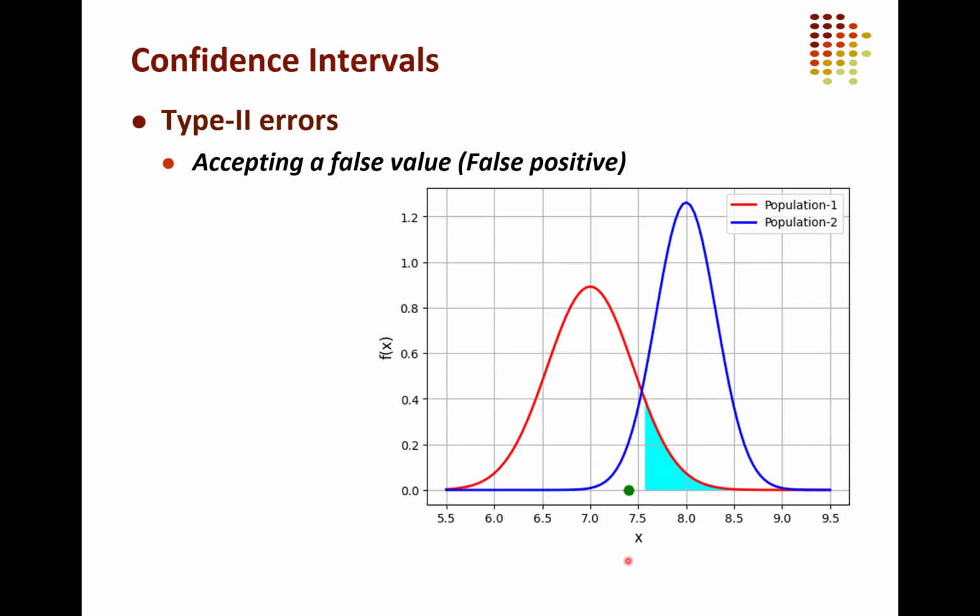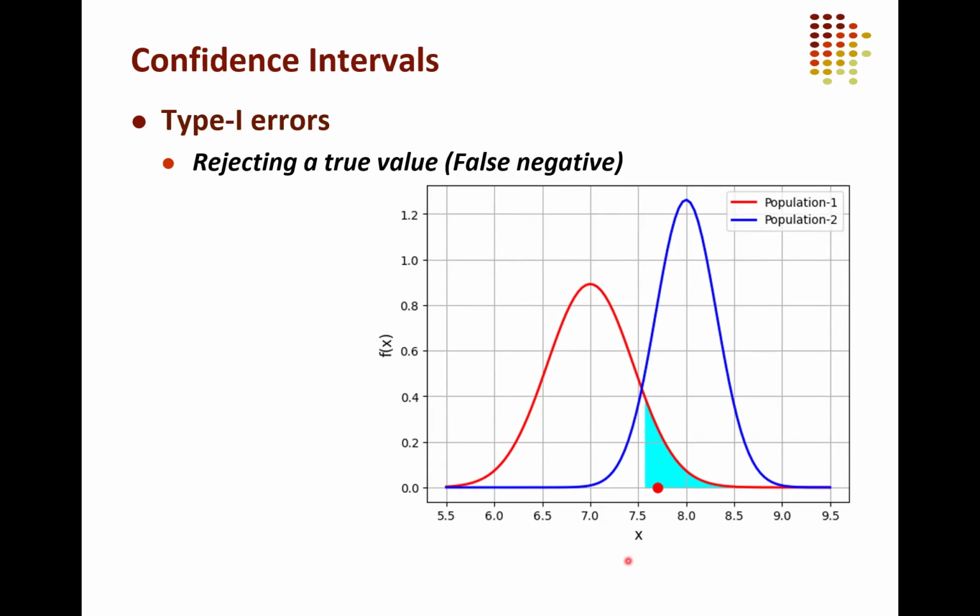For type 1 errors, there is also a good analogy: sometimes when we put our right ATM cards into machines, and they reject it, that is a false negative kind of thing.